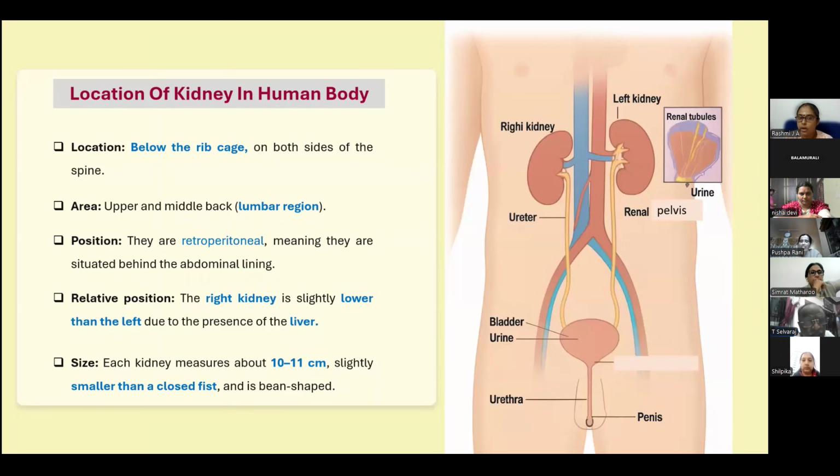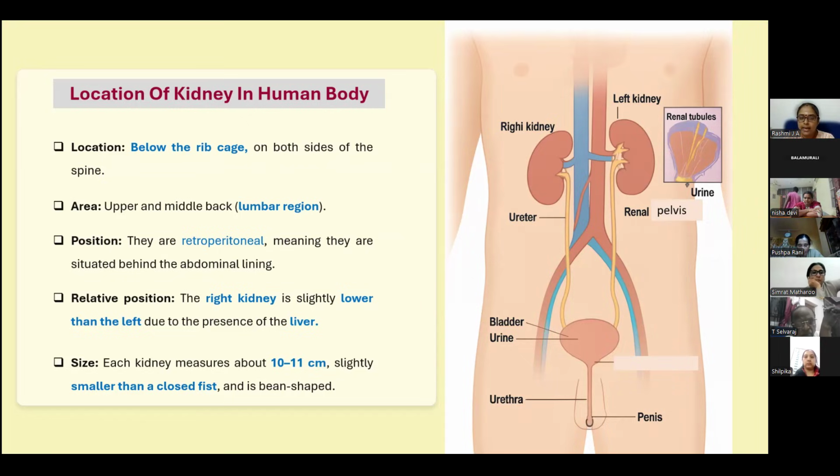Now, the location of the kidney in the human body. The location is below the rib cage on both sides of the spine. If you have noticed someone who has a kidney stone, the pain will be in the upper back, either on the left side or right side, wherever it is placed. Only then we find out that it is because of something wrong in the kidney, as the pain is coming in the upper back.